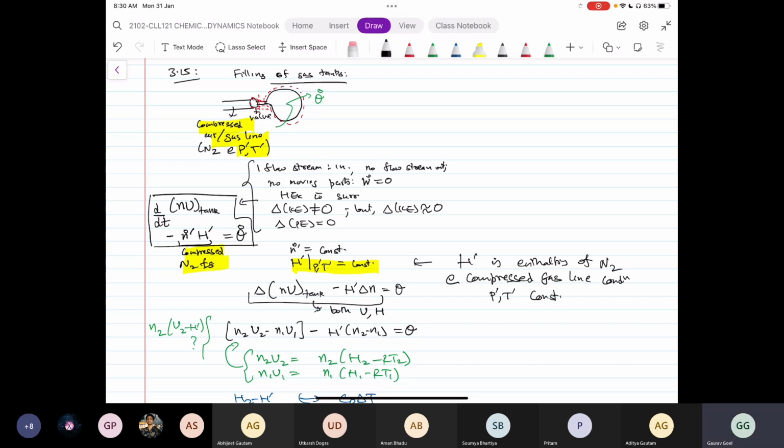P prime and T prime are constant because nitrogen is a pure species, so degrees of freedom are 2. From here I can conclude that all Gibbs intensive variables, enthalpy is one of them, would also be constant. H prime corresponds to the enthalpy of nitrogen at P prime, T prime. P prime and T prime are not changing, therefore H prime is not changing.